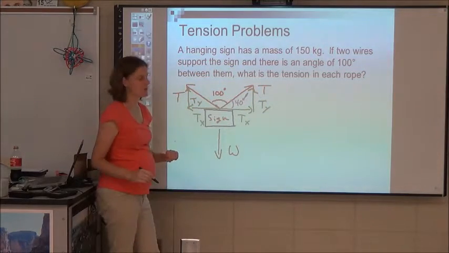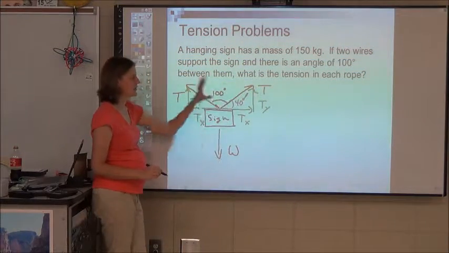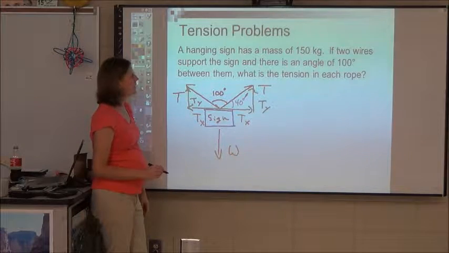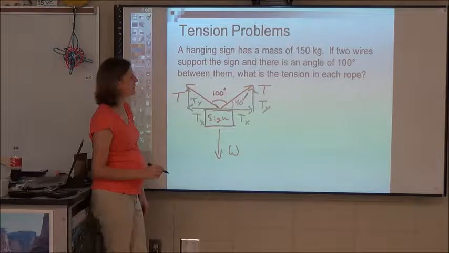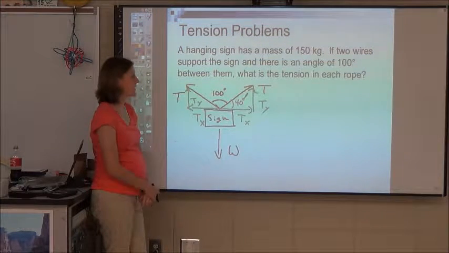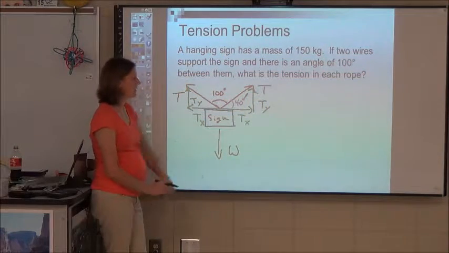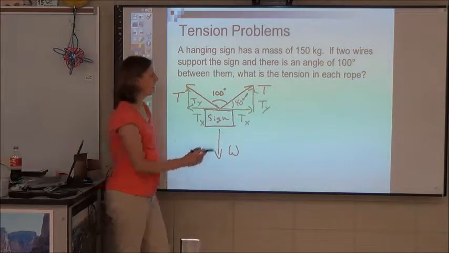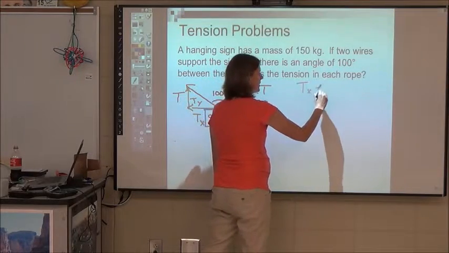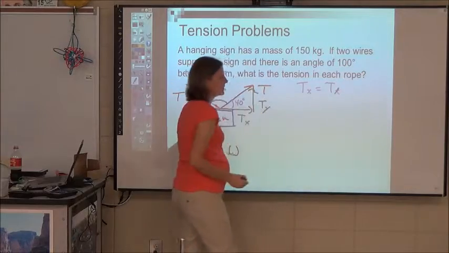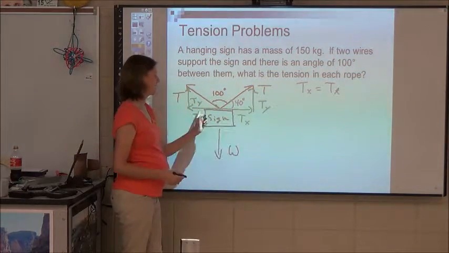So I'm just going to analyze one triangle, and I know it's symmetrical, so that'll be the same. And that's my goal. I'm trying to find tension in each rope. So, things I know, obviously the angle, but I know, it's kind of obvious, I guess, Tx equals Tx.